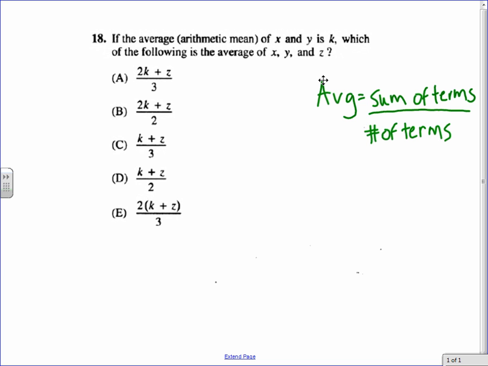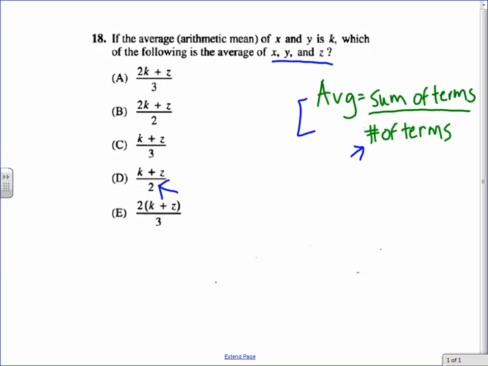If the average (arithmetic mean) of x and y is k, which of the following is the average of x, y, and z? One thing I want to point out is that even if you have no idea how to go about this problem, if you know the equation for average, you should know your final answer needs 3 in the denominator because you're asking for the average of 3 terms.